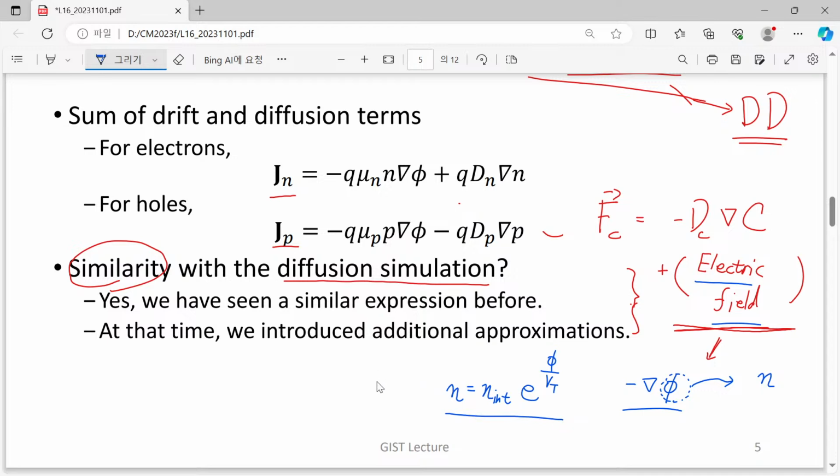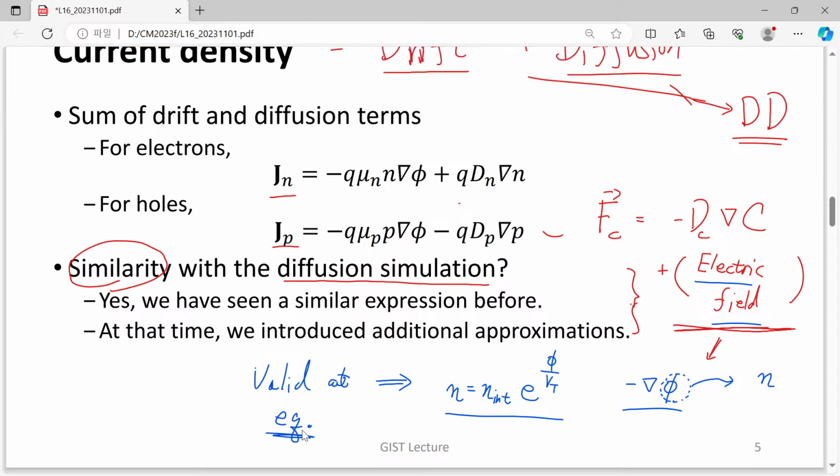So please note that this kind of approximation can be valid only at equilibrium cases. So simply speaking, when we consider the diffusion simulation, we have applied an approximation which is valid only at equilibrium case to non-equilibrium cases.